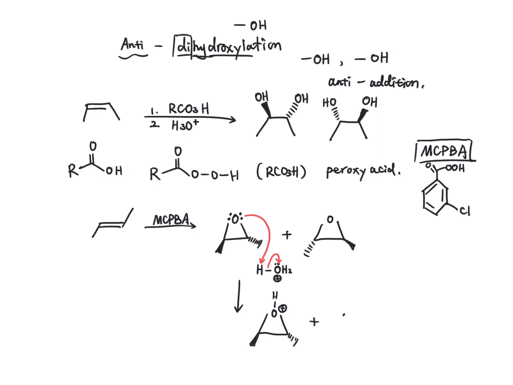So this will be this pair right here. Now this looks very familiar. It looks like the bromonium ion from halogenation or the mercurinium ion from oxymercuration-demercuration. So this carries positive charge and its three-membered ring is higher in energy.